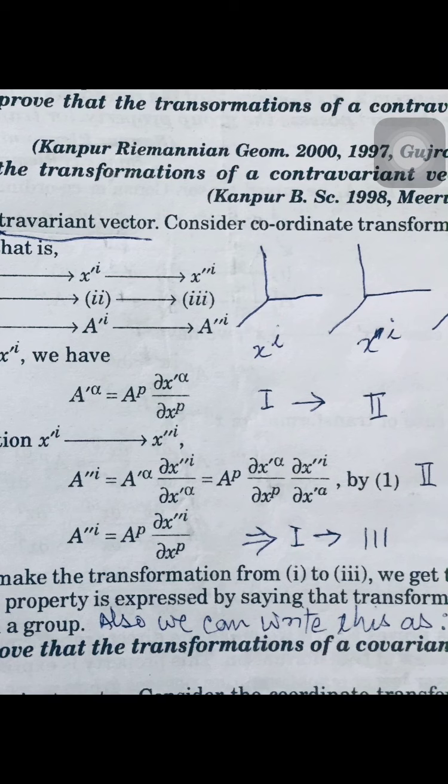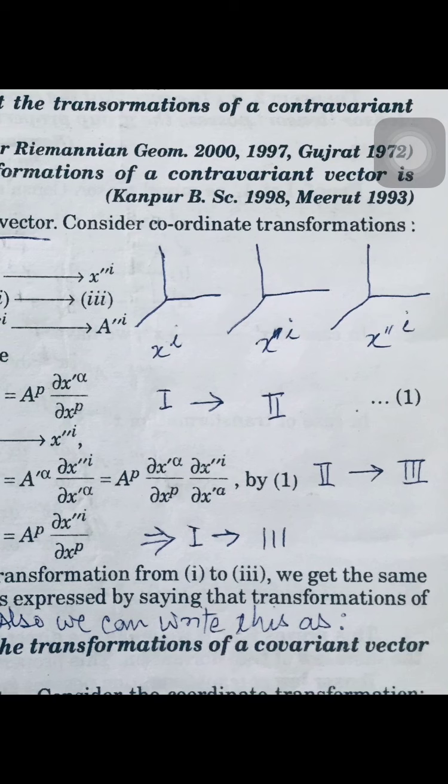Which is what we are seeing: double dash is related to without dash. This means that we are directly relating the first axis to the third axis. The main important thing to understand is that we go for a relation from first to second, then second to third, and using the formula we receive directly the formula from first to third.